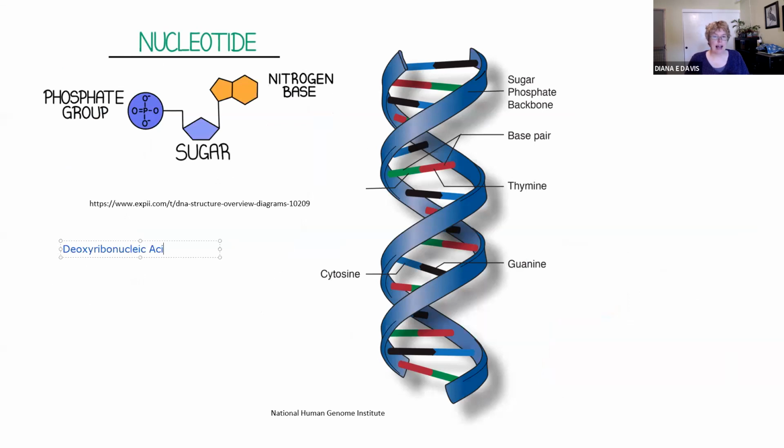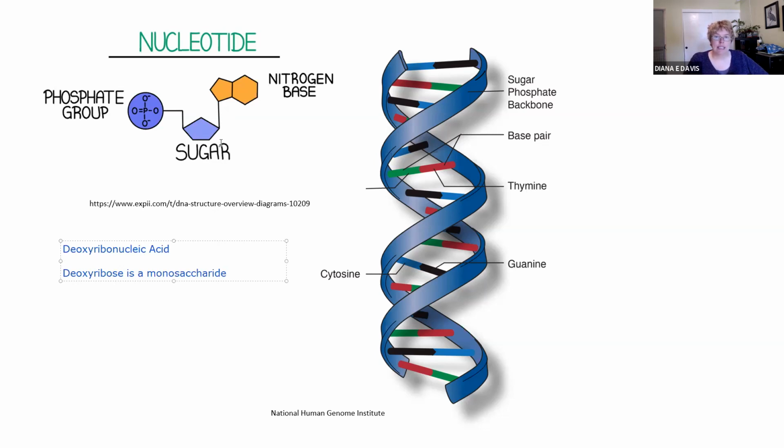Deoxyribonucleic acid. Deoxyribose is a monosaccharide. So it is a simple sugar. So here's a sugar.